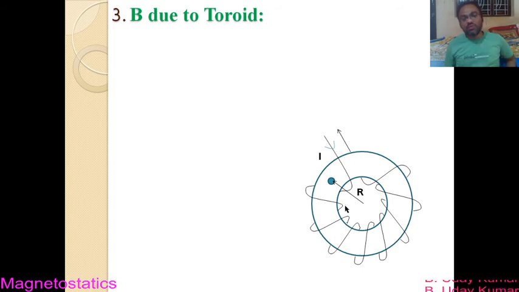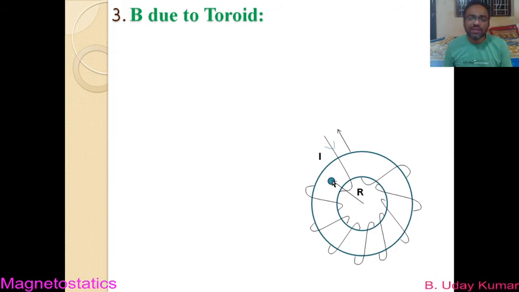Now to find the magnetic field here, we just use Ampere's law. To apply Ampere's law, first of all you need to construct a closed path. Let us assume that this is the point P which is present inside the toroid, and we want to find the magnetic field induction at this point, which is at a distance of capital R from the center of the toroid.